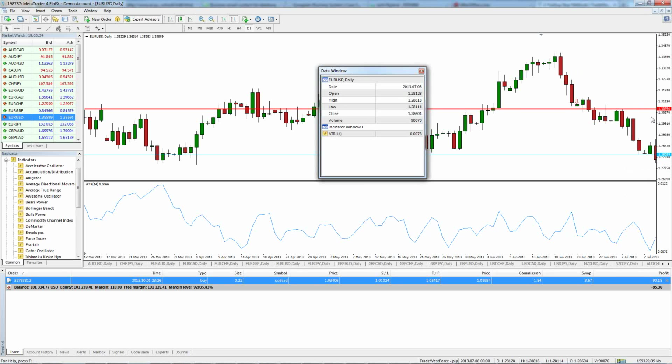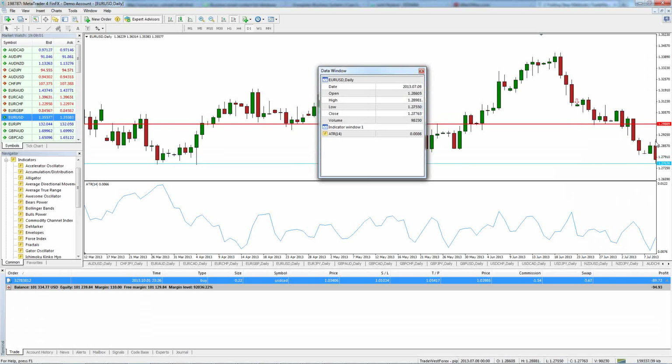Okay, so 234, we can take 37.9, or from our entry, or I mean from the low, sorry. 234 is 29.87. Okay, so now we're somewhere right in here. And that's when the price is at that point on this bar.